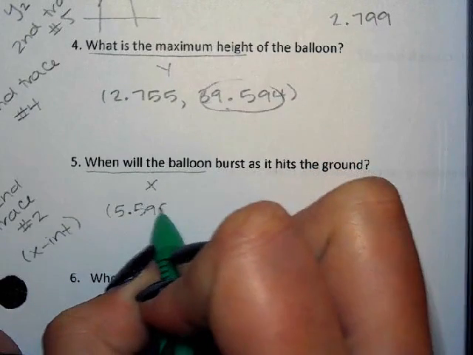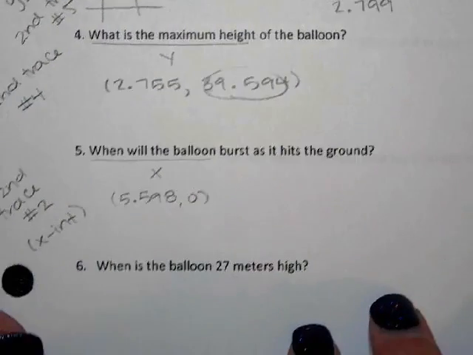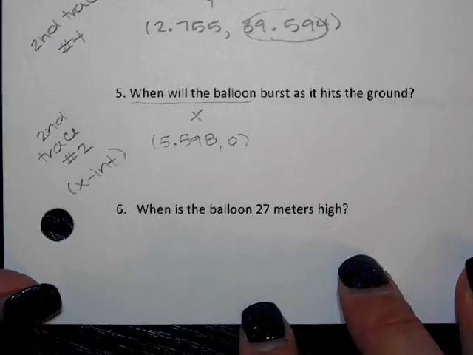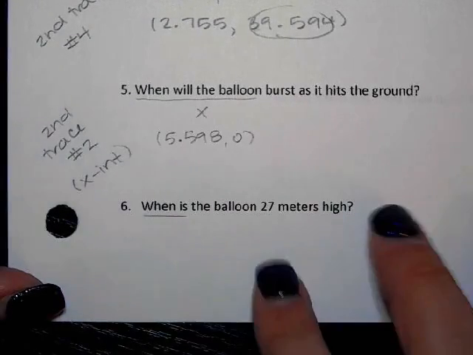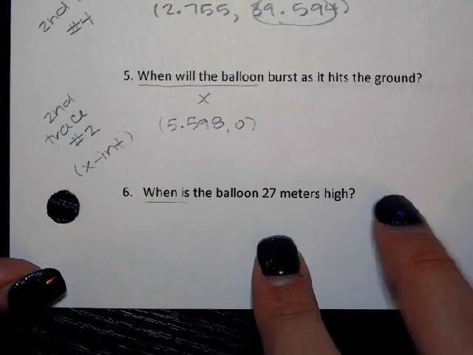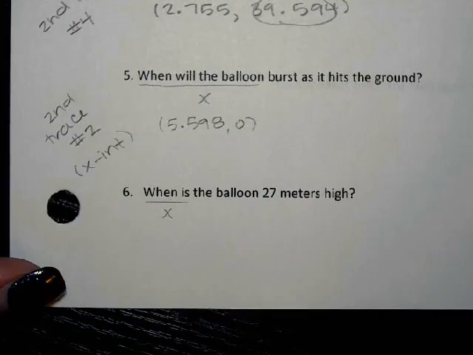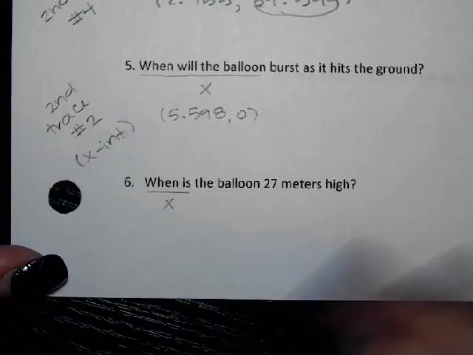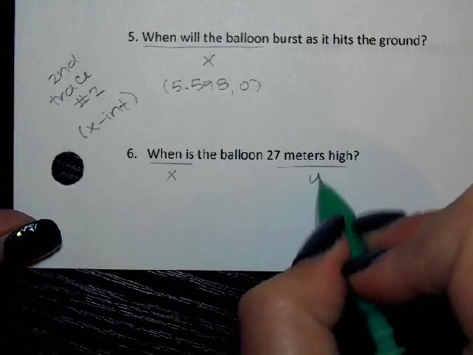Next question, what are we solving for? X. When is the balloon 27 meters high? So what y value are we using? Y is 27. So here the y1 is going to be the equation. The y2 is going to be 27.